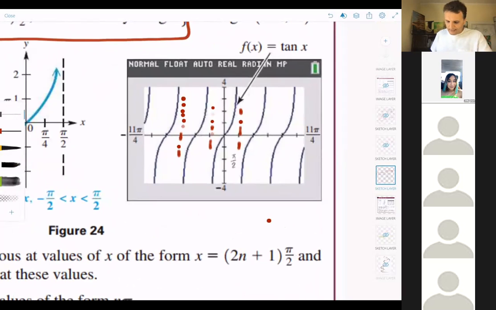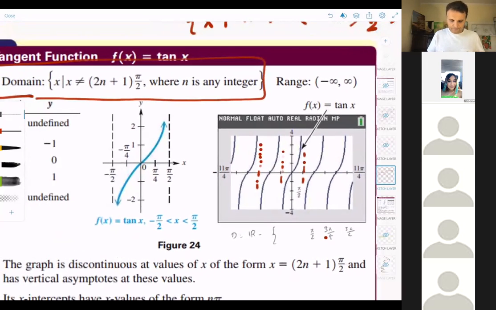We cannot just say the domain is R minus pi/2, 3pi/2, 5pi/2. Somehow we need to make a formula, and the formula is this guy. If n equals 0, it will be pi/2.